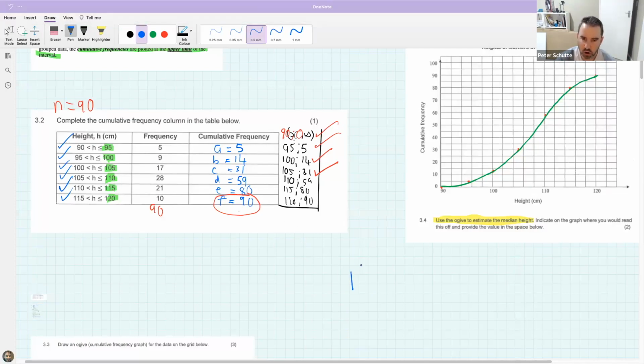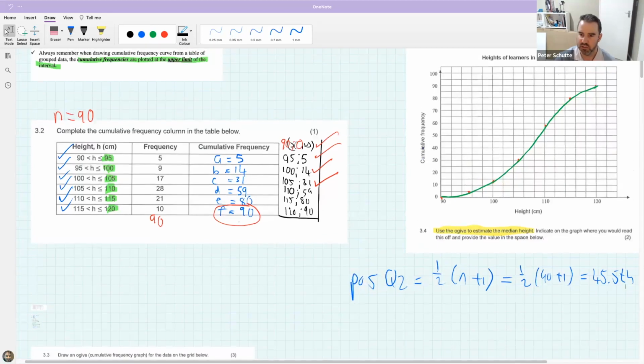Absolutely, Fazama, you are on the money. So we use that formula, and because n is 90, my position is going to be 45.5. And if you imagine that on this axis is the cumulative frequency, where is 45.5 going to be?